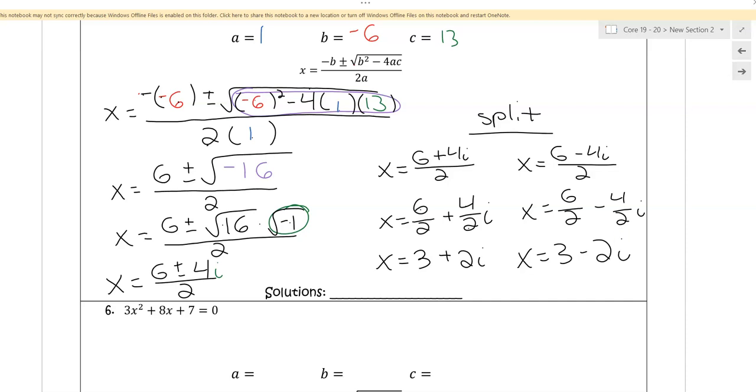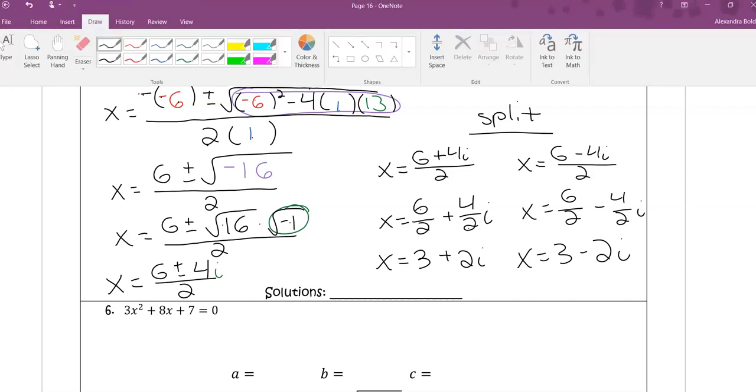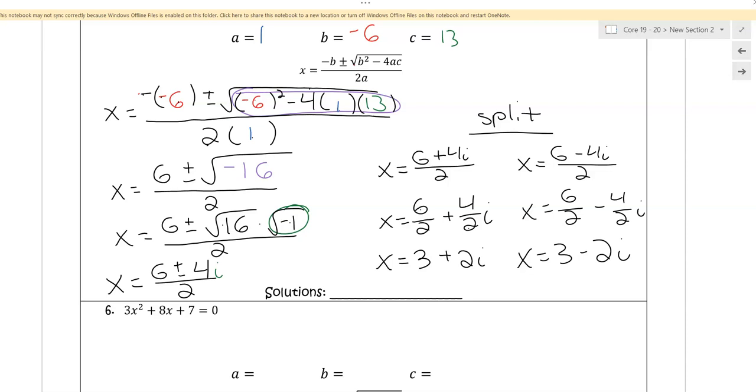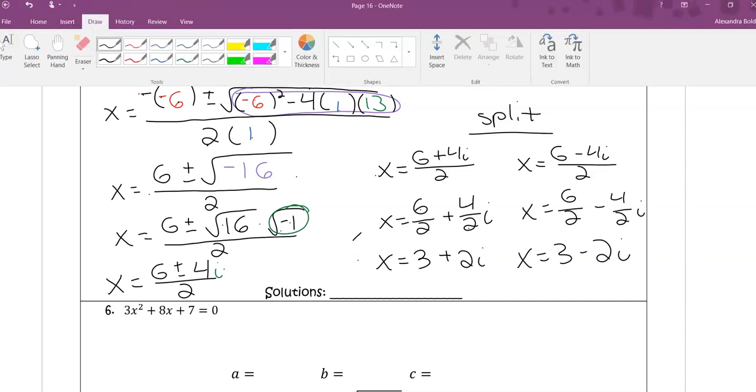Okay, so I get 3 plus 2i and 3 minus 2i. All right, and that's it. So the whole first part is the same, and then here when we pull out the negative 1, our simplifying gets a little different, but otherwise it's the same.